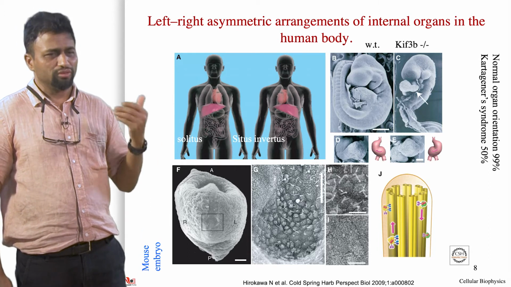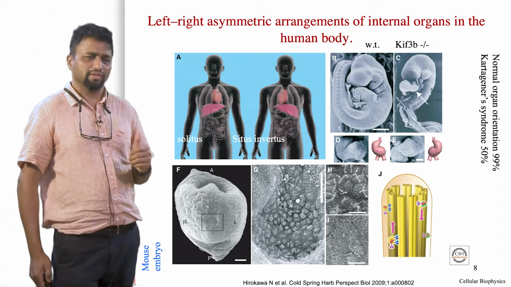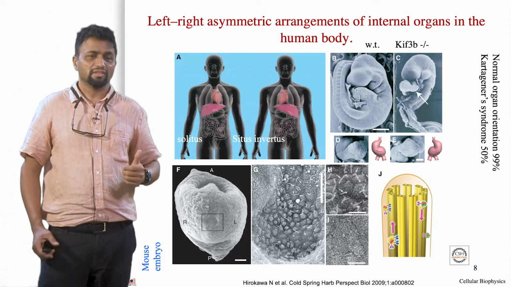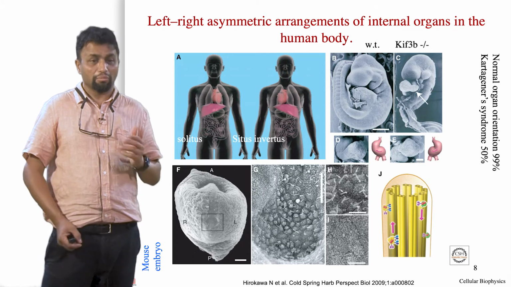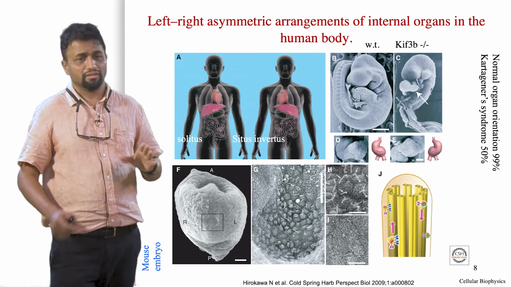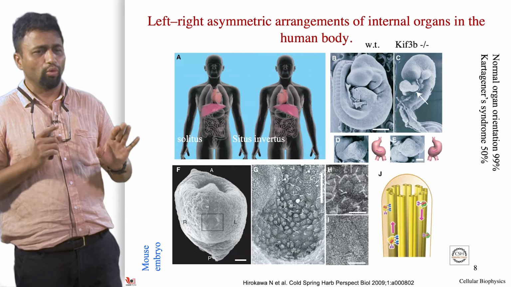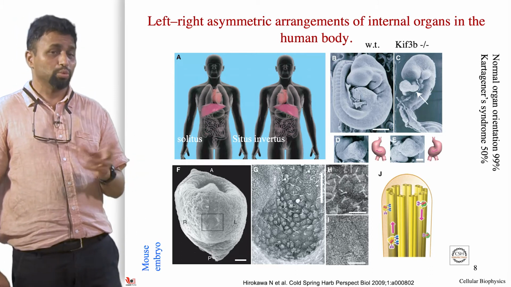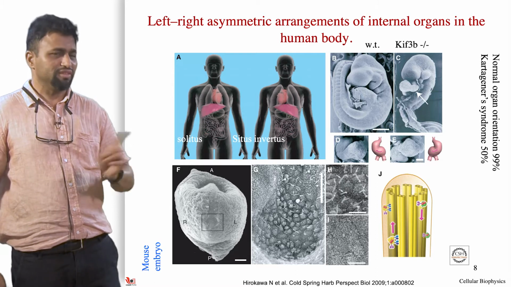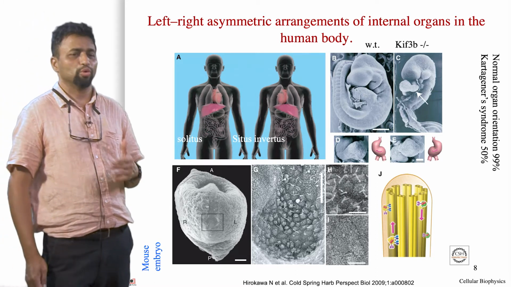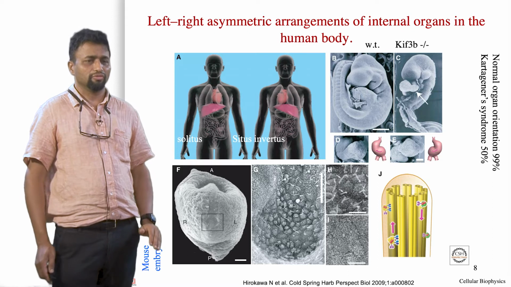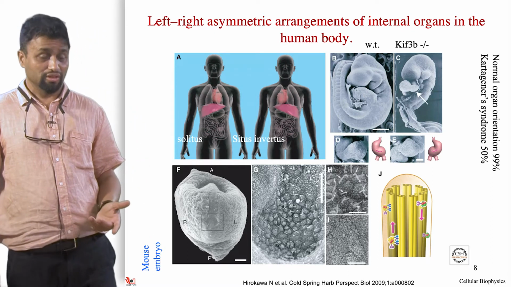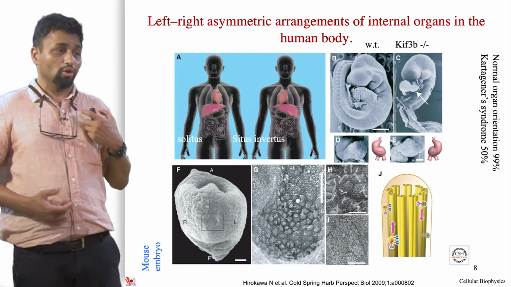If there is no coherent flow generated, then it appears that the organs get randomized. Now, there may likely be a negative inhibitory role, if one organ is placed in one way, the other one goes the other way, which would explain why there is a 50-50 randomization as opposed to when there is a flow.